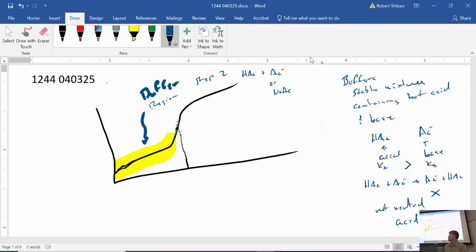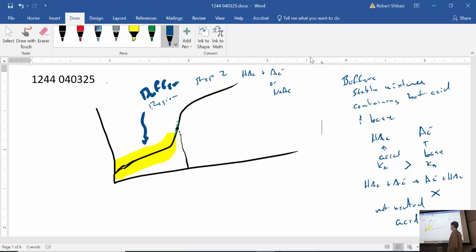And the way we do this is, for example, if we take a buffer, like here, we're in the flat part, and we add a strong acid. Normally a strong acid results in a significant drop in pH. But here, if we add a strong acid, what we see is just a small drop in the pH. It's a small drop because strong acid will attack the base component here, but when it attacks the base component, it just makes conjugate acid.